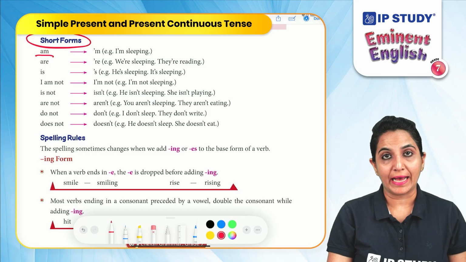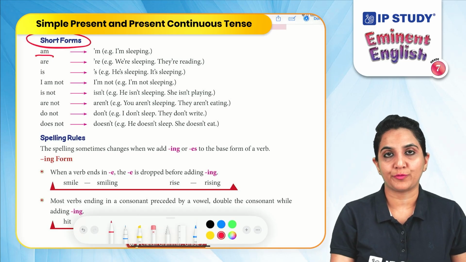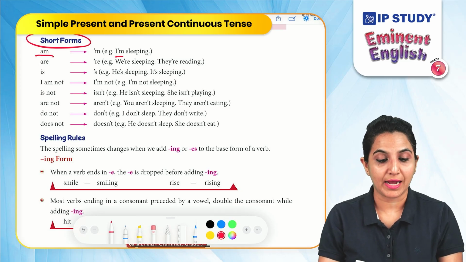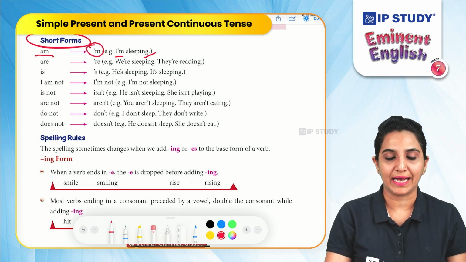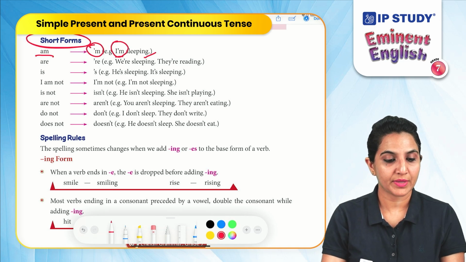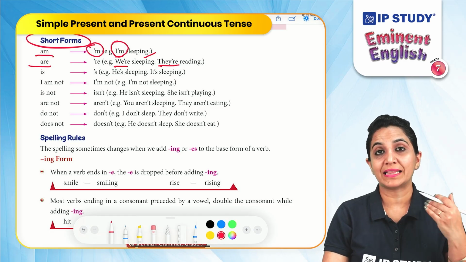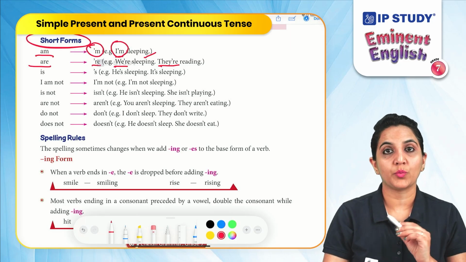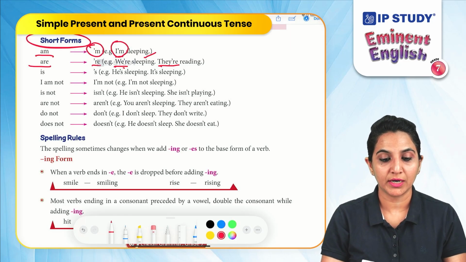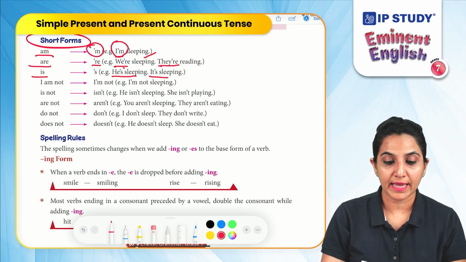When you use I with am, instead of saying I am, we use a contracted form, which is I'm sleeping. So you simply add an apostrophe and M to I and it becomes I'm. Are becomes, we're, they're. Instead of repeating the complete forms, we simply write an apostrophe with RE. With is, it becomes he's, it's.